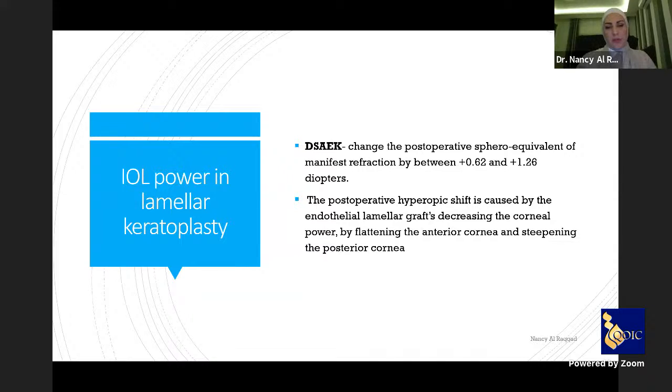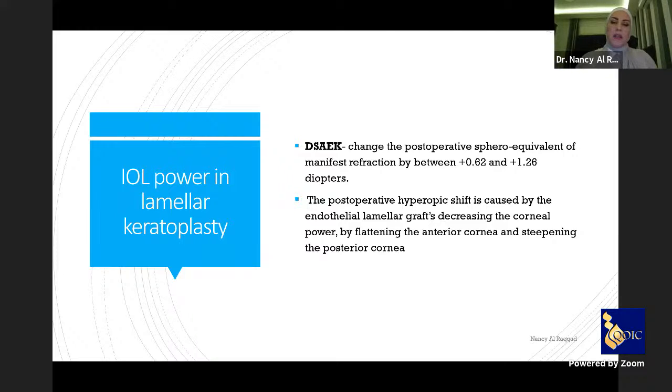What about endothelial keratoplasty, DSEK and DMEK? Now with DSEK, the change in the postoperative spherical equivalent of manifest refraction is between plus 0.6 and 1.26. Now, as I said, it's better to do either a combo, which is DSEK with phaco at the same time, or do the phaco first and then aim for a DSEK, not the other way around.